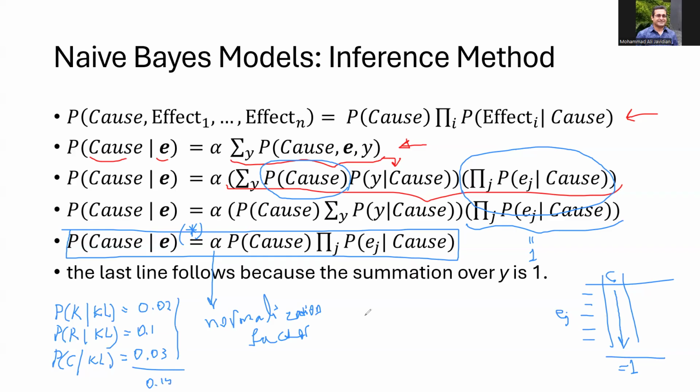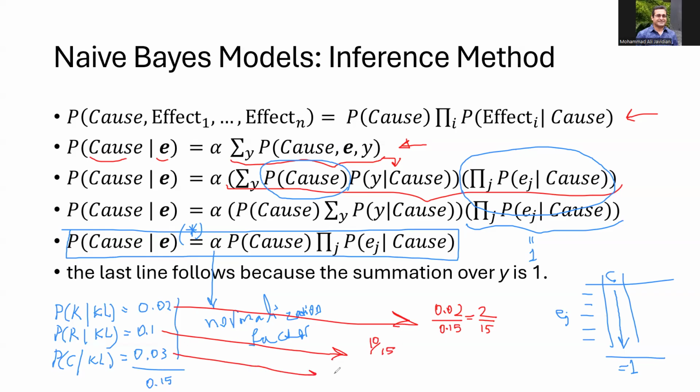So the normalized probability in this case becomes 0.02 divided by 0.15, which is 2 over 15. I multiply both numerator and denominator by 100, and in this case the second becomes 10 over 15, and for the last one, 3 over 15.